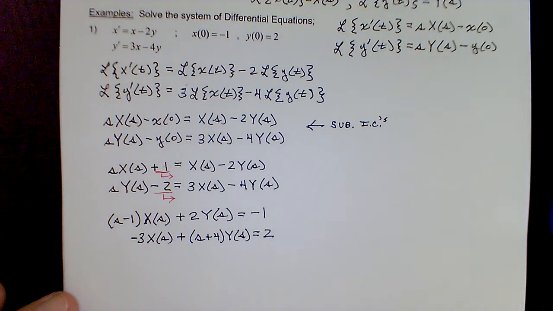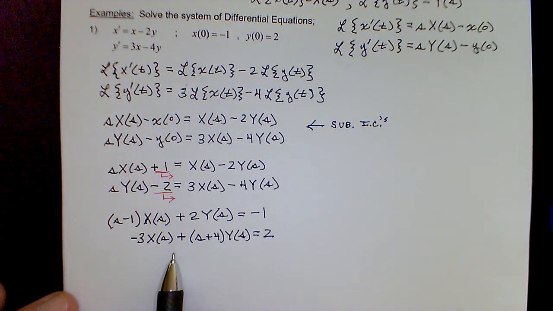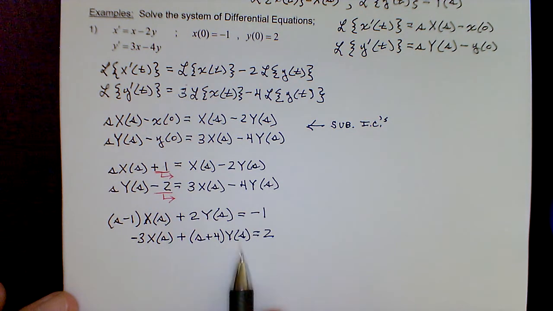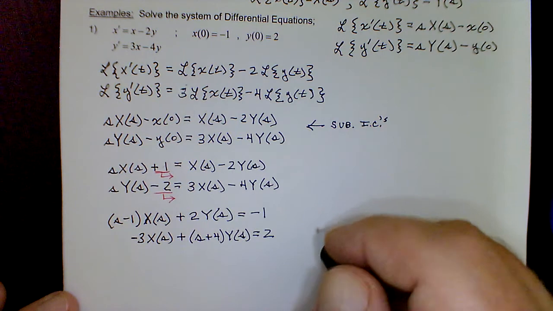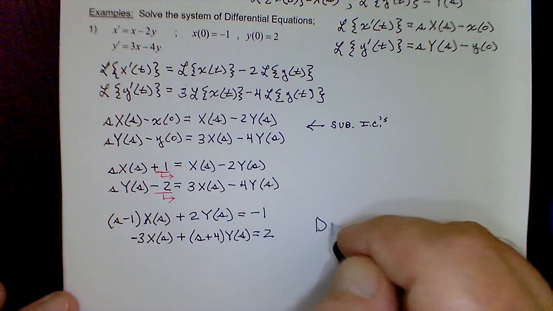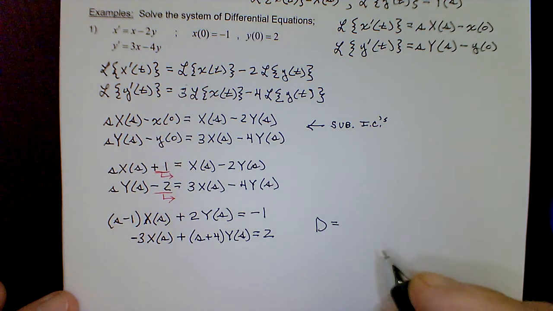And notice at that point that it's set up for Cramer's rule, because we've got the X of s's in one column and the Y of s's in the second column. So we'll do the denominator off to the right here.